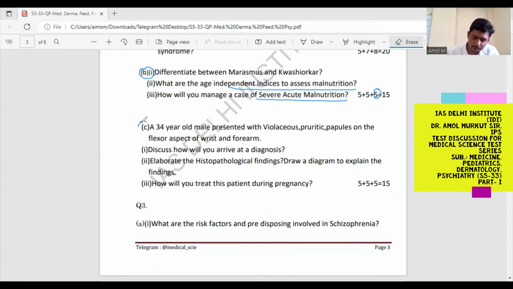Question C. A 34-year-old male presented with violaceous pruritic papules on the flexor aspects of the wrist and forearm. Discuss how you will arrive at the diagnosis. See, we all know it is lichen planus.